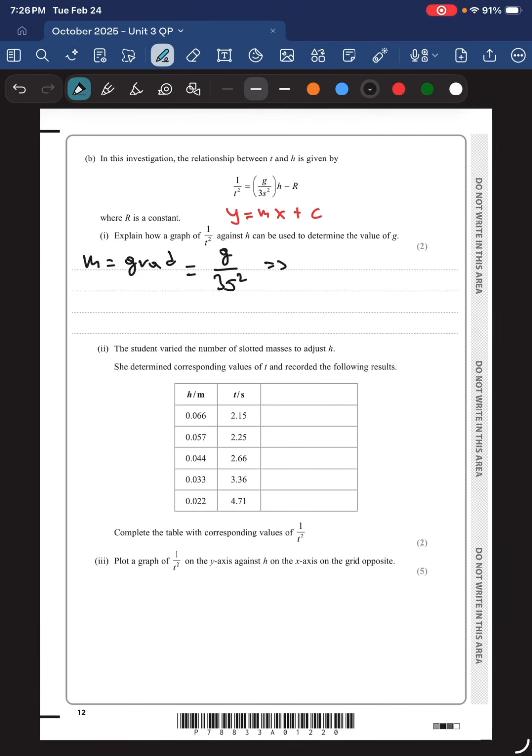So G is going to be 3s squared times the gradient of the curve. And that's the answer.